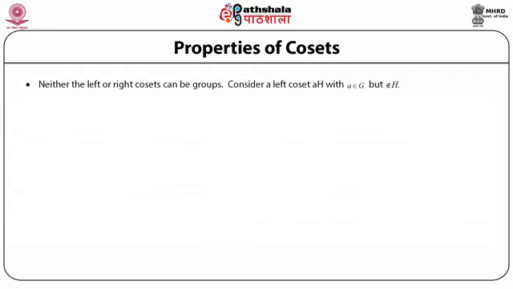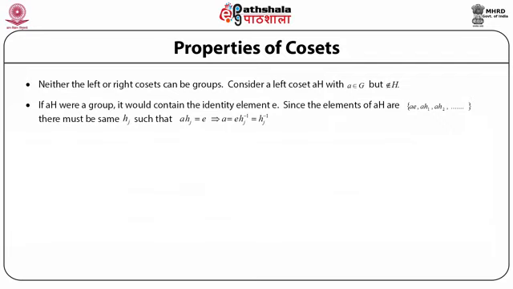Consider a left coset AH, where A belongs to the group G but does not belong to the subgroup H. If AH were a group, it would contain the identity element E. Since the elements of AH are AE, AH1, AH2, etc., there must be some Hj such that A Hj is equal to E, which implies that A is equal to E times Hj inverse, which is equal to Hj inverse because of the property of the identity.